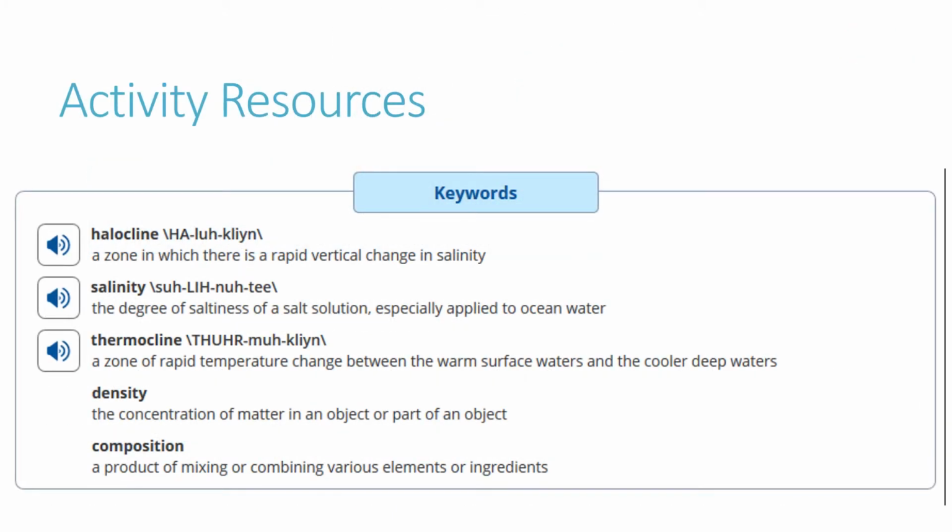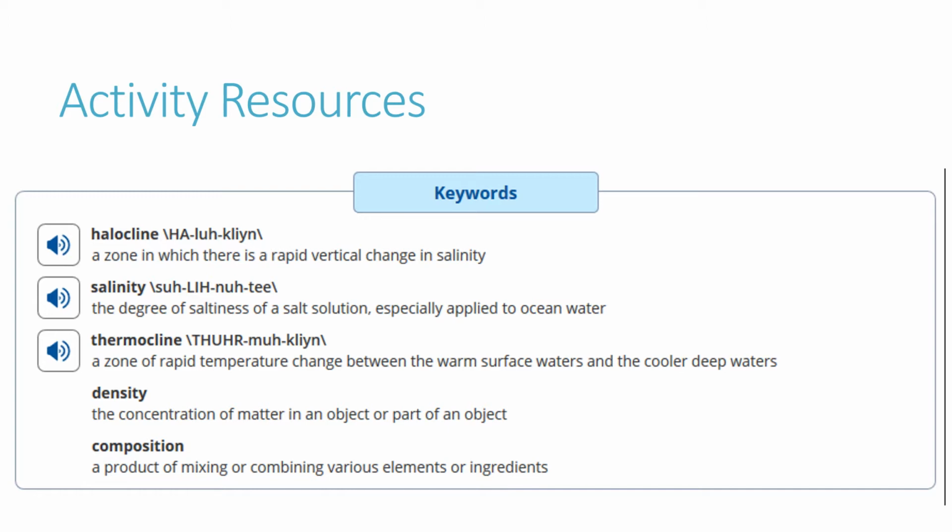Here on the screen, you will see the activity resources that you will find in your lesson, in your course. So as you go to the course and you go to the lesson for the day, you can click on the activity resources and find these keywords. These keywords are your vocabulary words, and they are defined here for you so you can write them in your notebook.